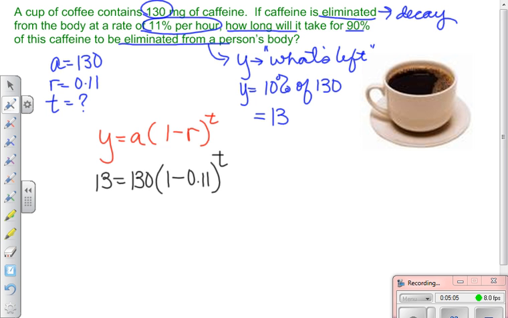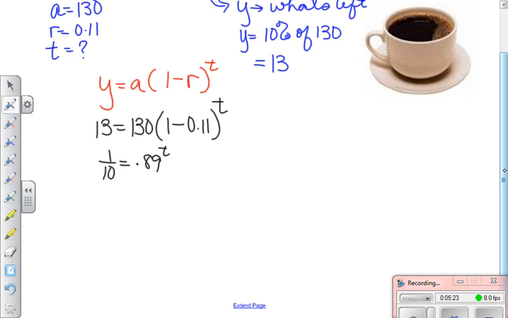When I simplify this a little bit, I end up with 1/10 equals 0.89 to the t. To get that t out of the exponent position, since I'm not dealing with the natural number e, I'm going to take the log of both sides.